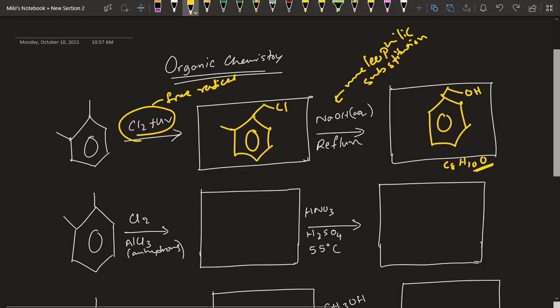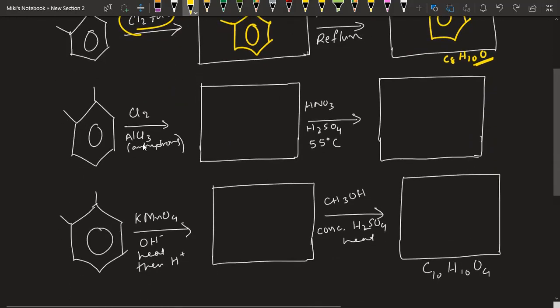Now let's move to the next one, where we have given Cl2 and AlCl3 in anhydrous conditions. Whatever reaction it is, we can understand it is an electrophilic substitution, which is the reaction for benzene, isn't it? To be more specific, these conditions are based on Friedel-Crafts alkylation.